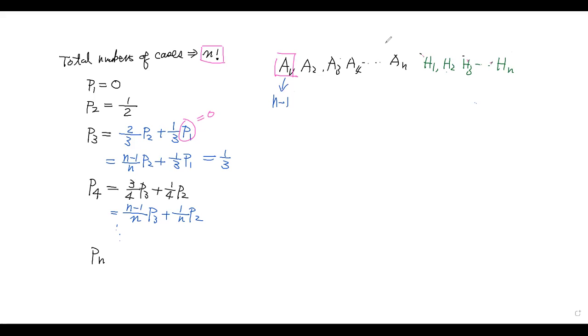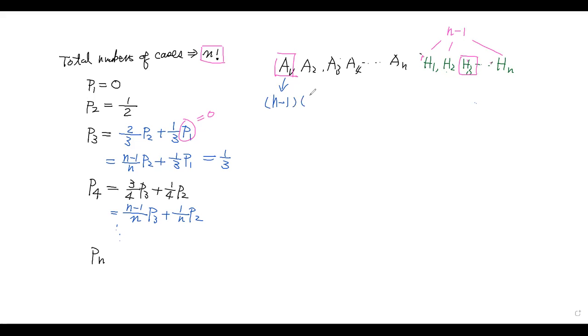Now after this, let's assume A1 chooses H3 here, okay? So how many hats are left here? I have n minus 1 hats left here, right? So then in here I have n minus 1 different situations for the remaining.